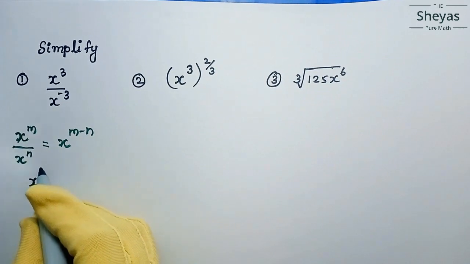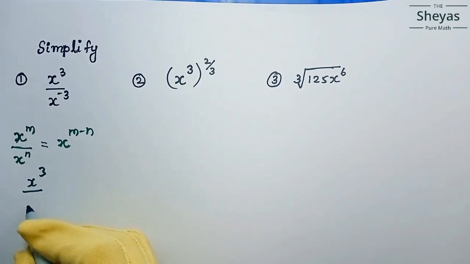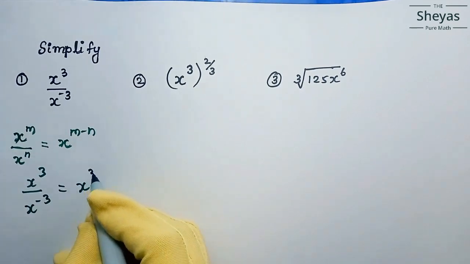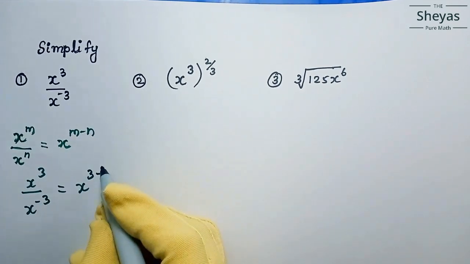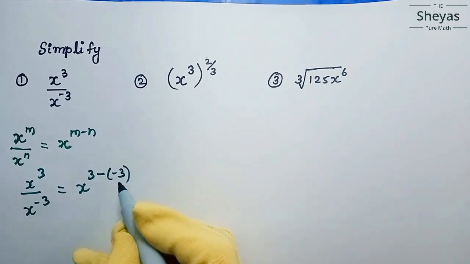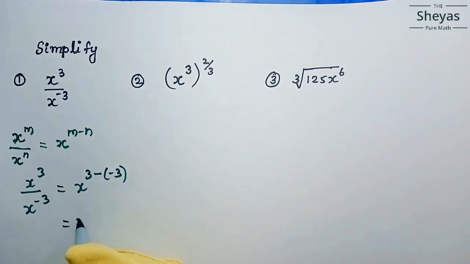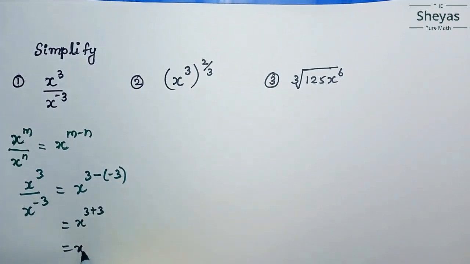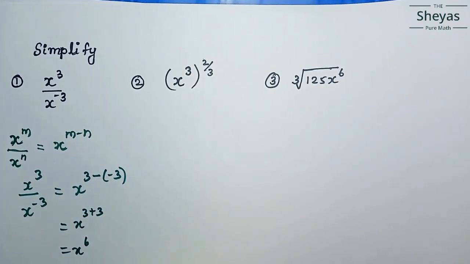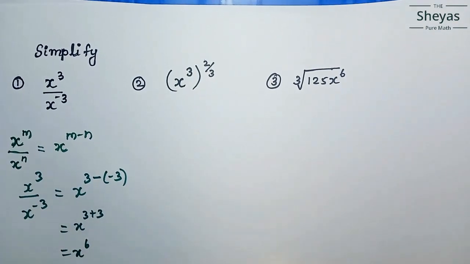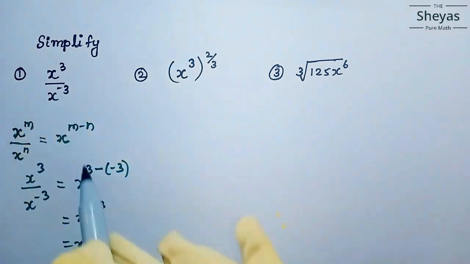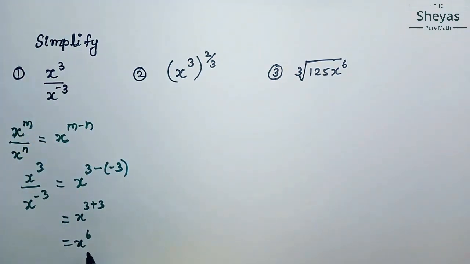So x power 3 by x power minus 3 can be written as x power 3 minus, this minus 3 is n, so minus of minus 3. Now this can be written as x power 3 plus 3. So what is the answer? X power 6 is the required answer.